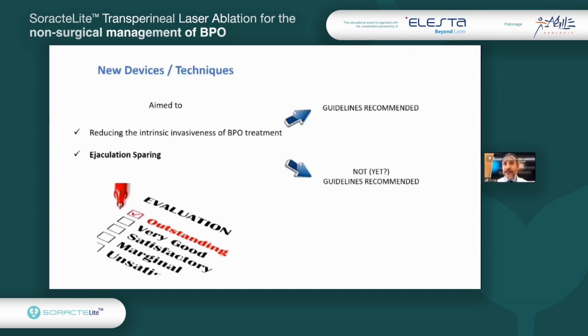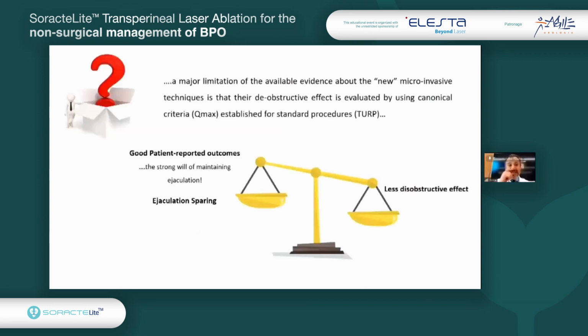So if we take a look at the guidelines, we have just one device which is already present in the guideline, which is the UroLift. But there is not one word spent about what to do if the patient wants to spare the ejaculation. And what is important to consider is that a major limitation of the available evidence about new micro-invasive techniques is that the obstructive effect is evaluated just using criteria like Qmax established for standard procedures like TURP.